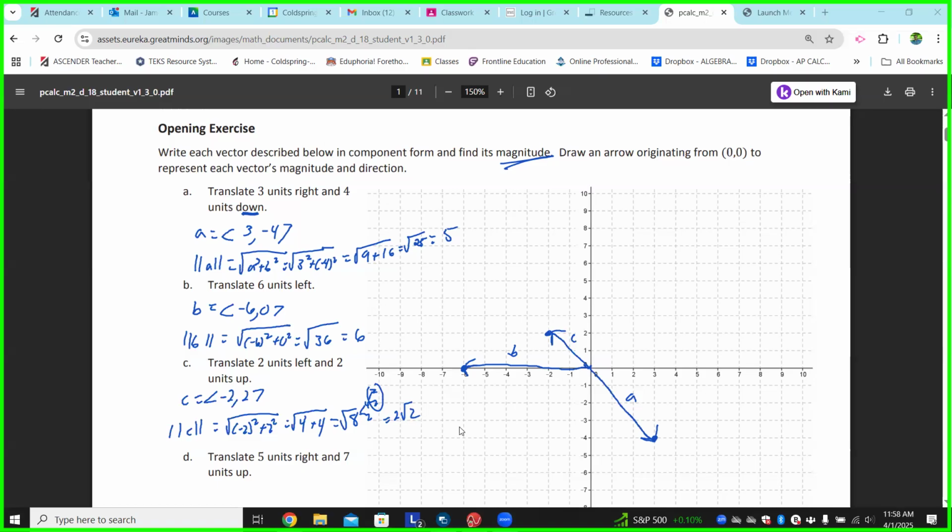All right. Part D. So vector D. 5 units right, 7 units up. 5, 7. 5 units right, because that's positive. 7 units up, because again, that's positive. So here we go.